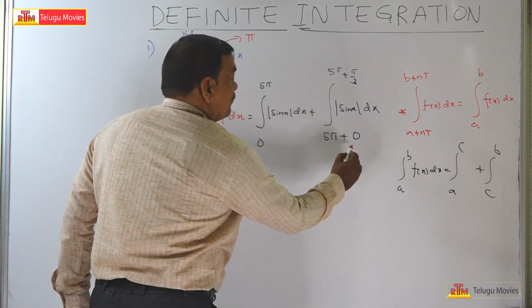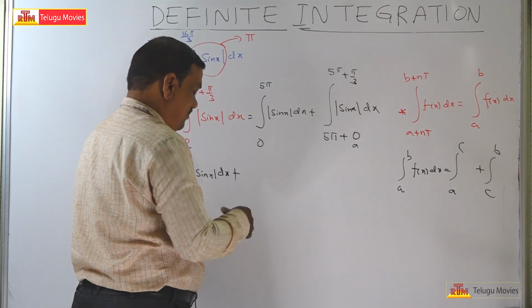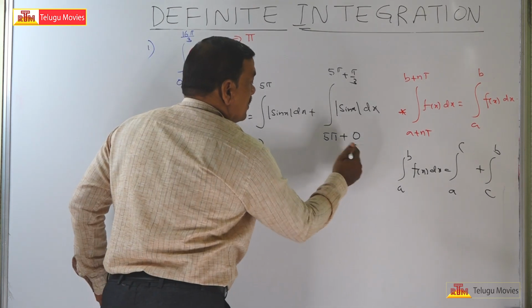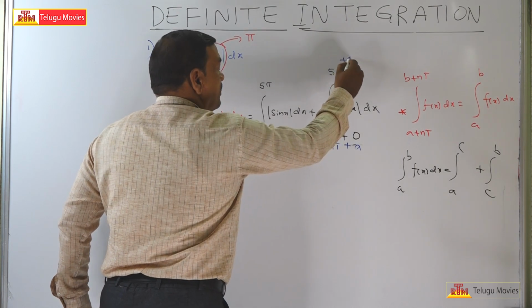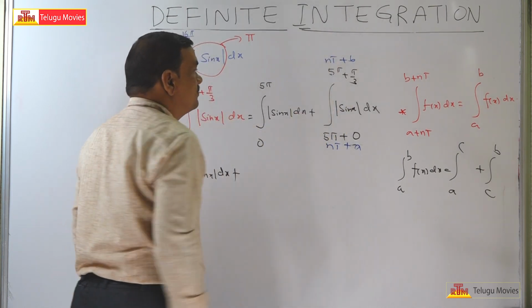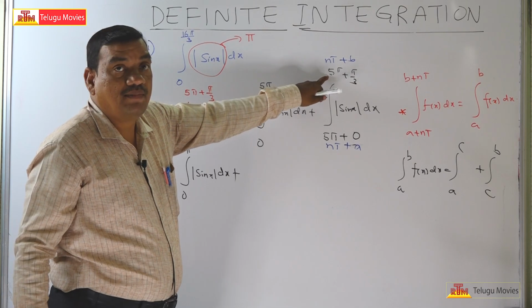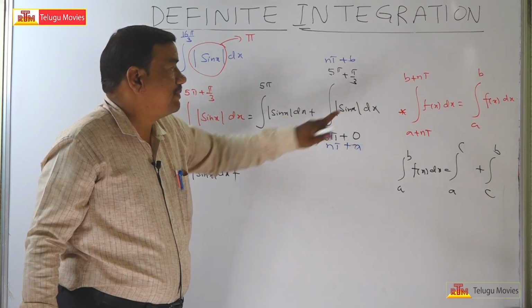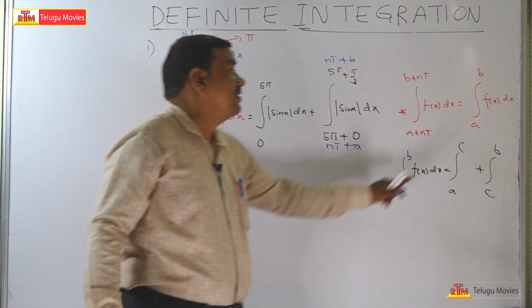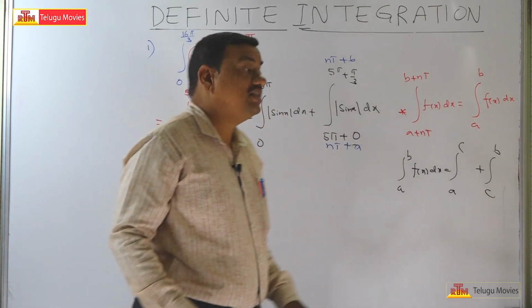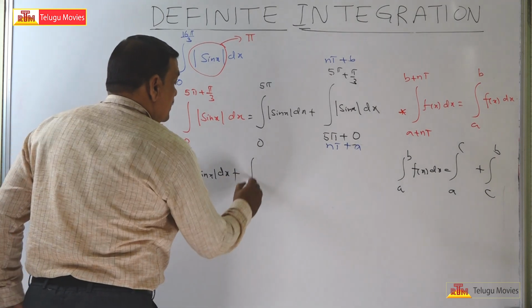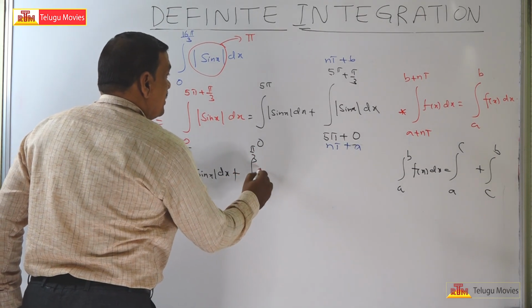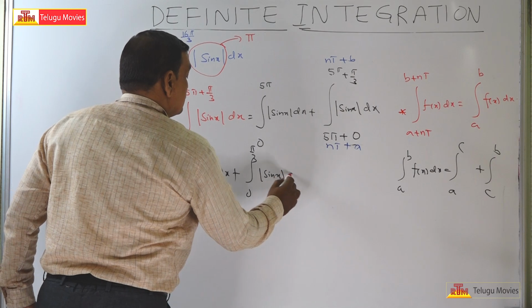So this is of the form a plus nT, b plus nT. Here n is a natural number, 5, and pi is the period of that function. Then what will remain? The integral a to b of f of x dx. So this is nothing but the integral from 0 to pi by 3 of modulus of sin x dx.